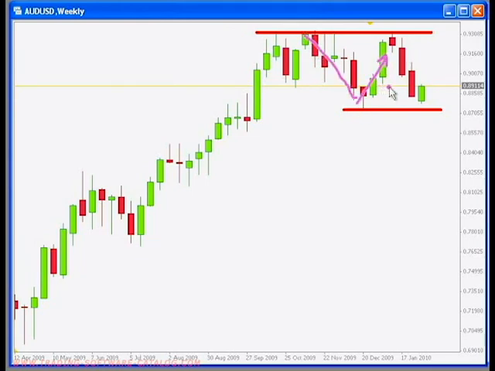What happens when price retested that level once again? It gave us, what's that, guys? You're probably familiar with this already from the previous video presentation. That's a spinning top, right? Small candle with a small body and short wicks both up and down. The color is meaningless. It doesn't really matter, all right?